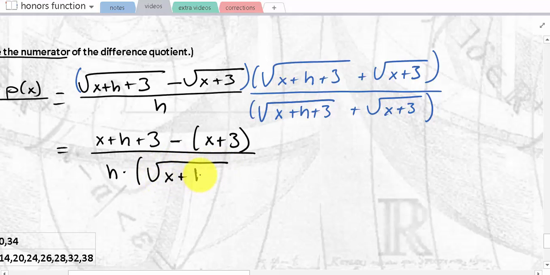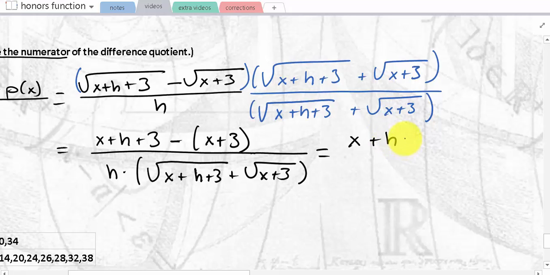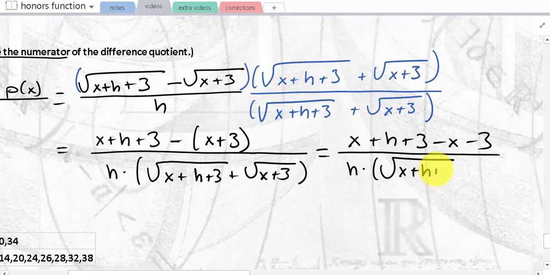The square root of x plus h plus 3 plus the square root of x plus 3 right here. And how does that simplify? So let's see what we have. We have x plus h plus 3 minus x minus 3, divided by h times (the square root of x plus h plus 3 plus the square root of x plus 3).